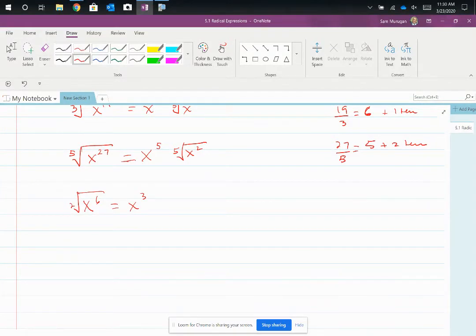So let's consider a couple of cases here. These are examples from the homework. I've got -8 times the 5th root of 64 x to the power 19, so we need to simplify this.